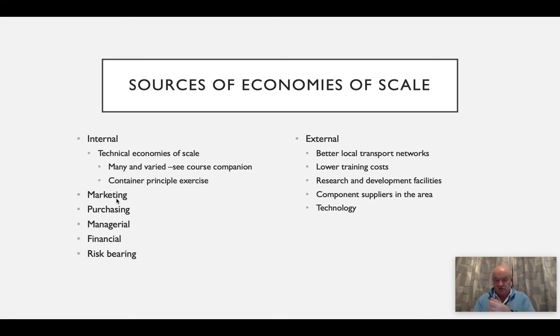Give yourself a chance to consider some of the things that we've just been talking about, and then we can move on and take a look at the next set of content, where we're going to look at a couple of exercises, and also look at some external economies of scale, as we've mentioned, but also then look to see how each one of those might cause changes to the long run average cost curve.